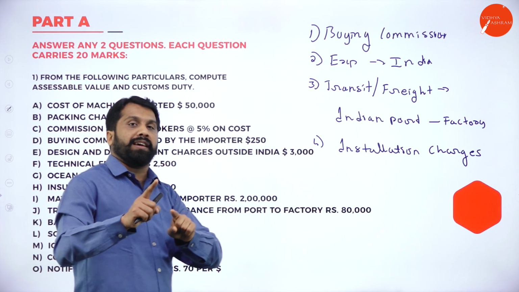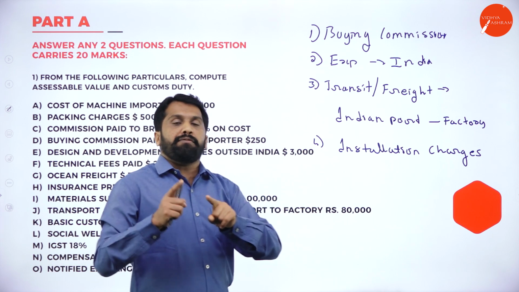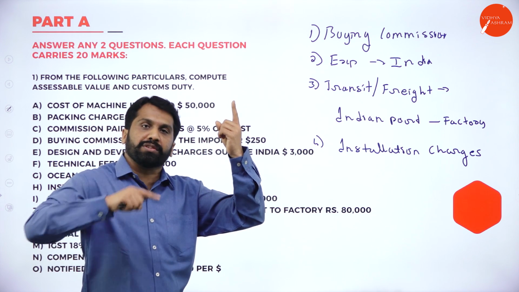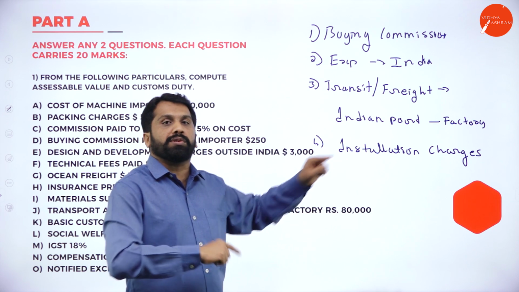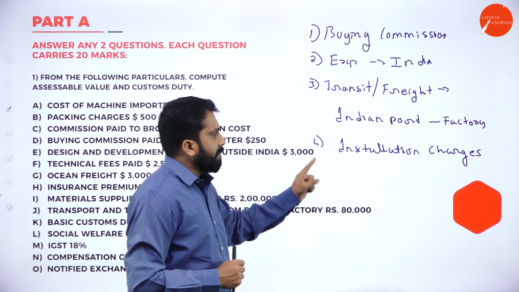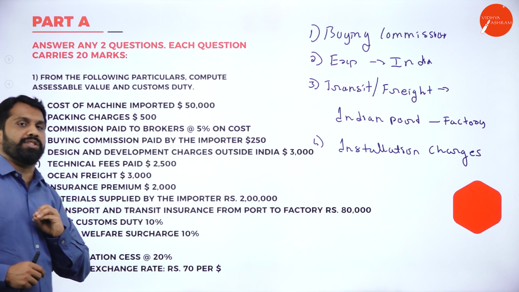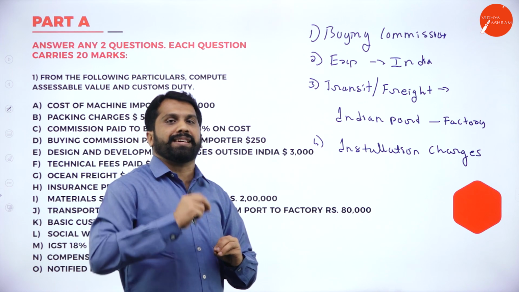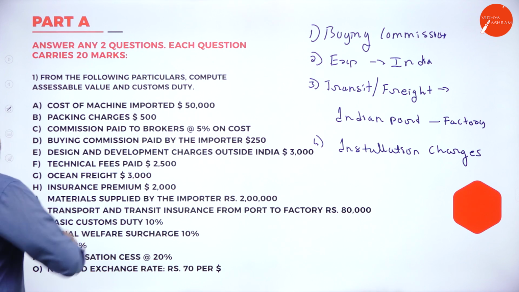Any transit or freight made from Indian port to factory. If any transit is made abroad, we should consider it. Any transit made from Indian port to factory, we are not supposed to take. The last part is installation charges. In India, if you do any installation, those things cannot be considered. Clear? Yes. We'll go for the answer.